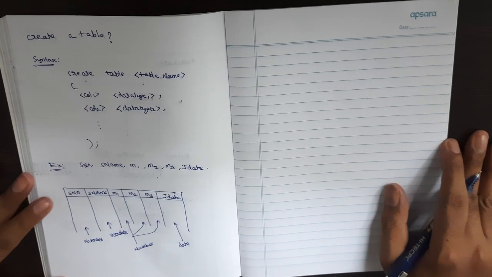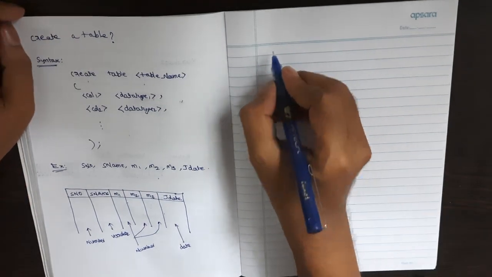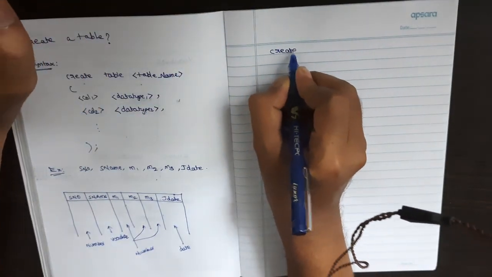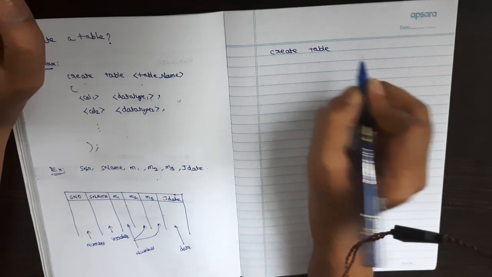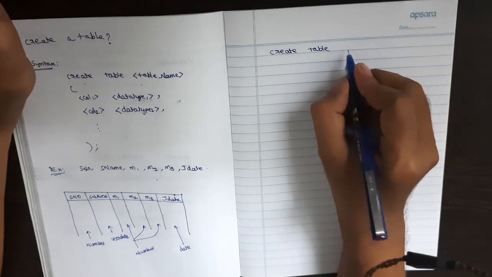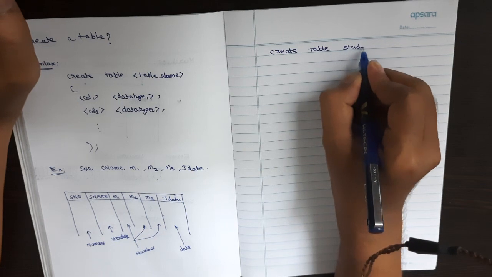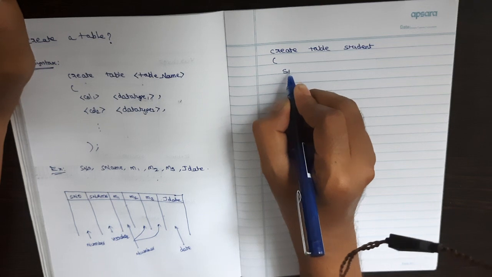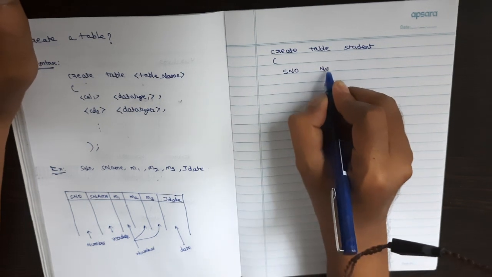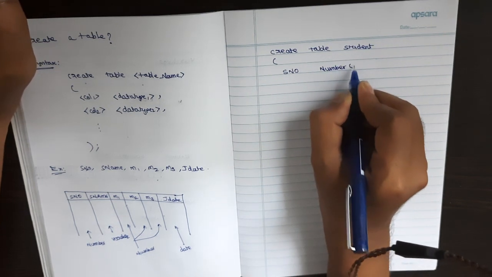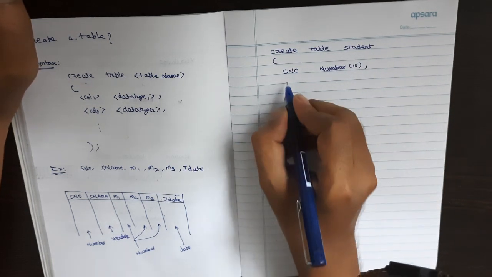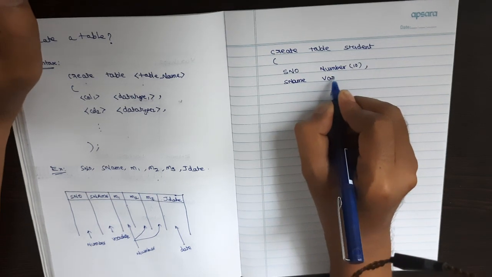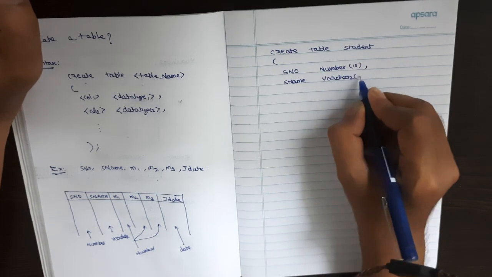Create table, we need to give a name to the object, that is student. Student, bracket open. Next, SNO, it should be number of 10, comma, S name, varchar2 of 20.